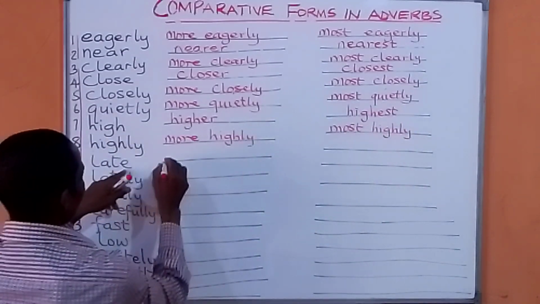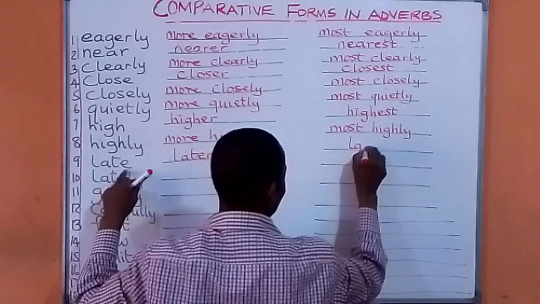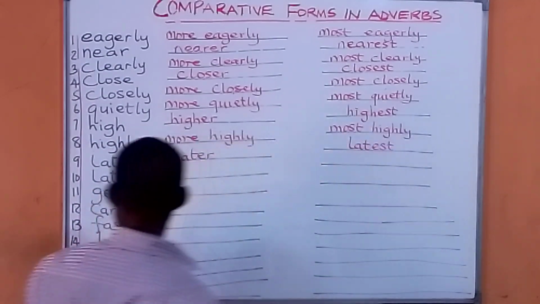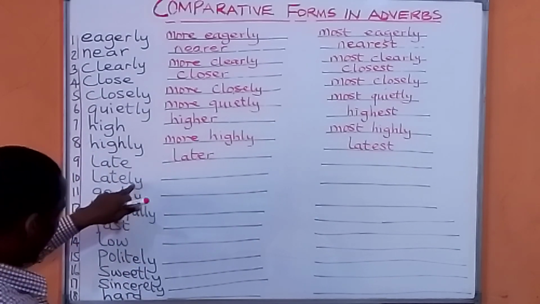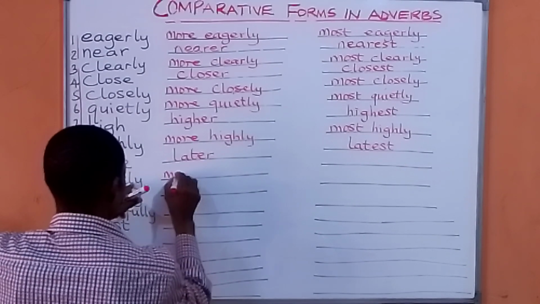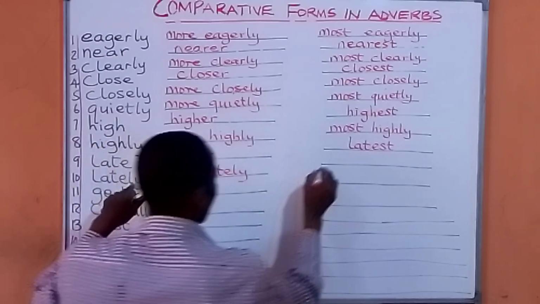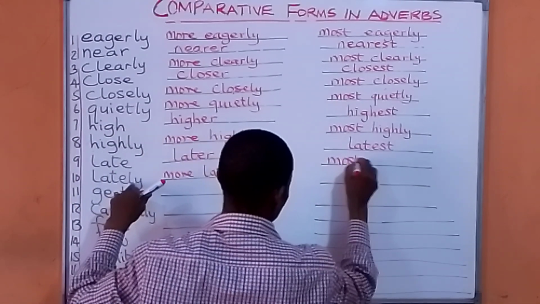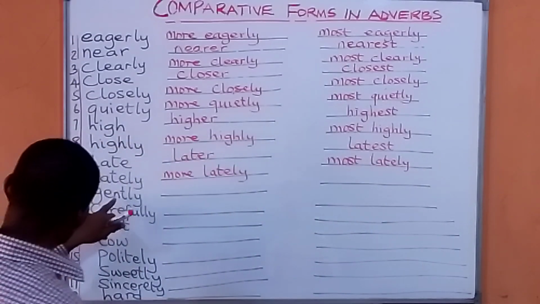Late. No ly here. So you put er here. Later, latest. Lately. This ly is here. It's the same word, but ly is here. So you put more lately, most lately. You leave the word like that.